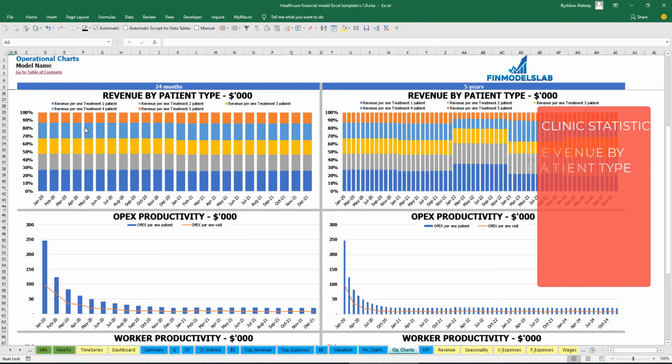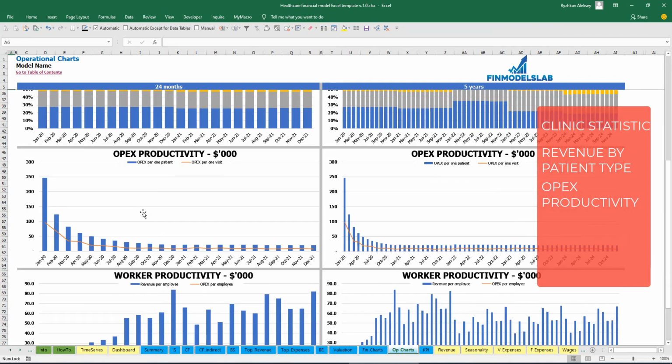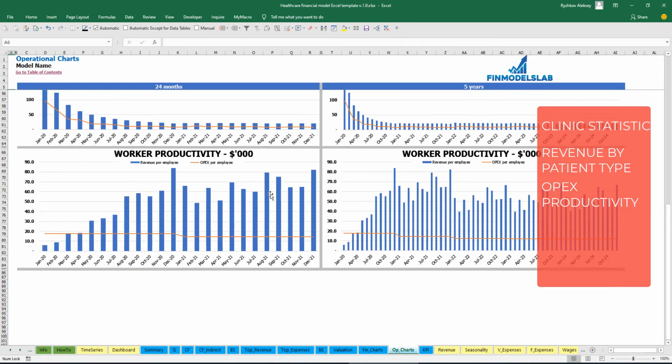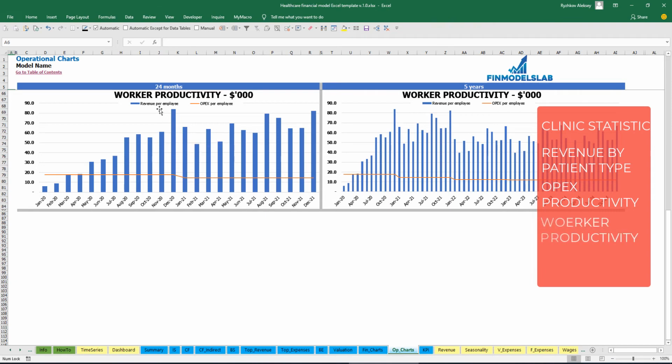Your revenue by patient type, revenue per one treatment patient, second treatment patient, etc, etc. And this is broken down by percentage allocation. Your OPEX productivity, which is OPEX amount per one patient and OPEX amount per one visit. And your workers productivity, which is revenue per employee and OPEX per employee.